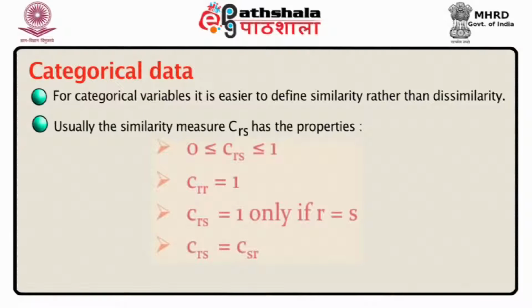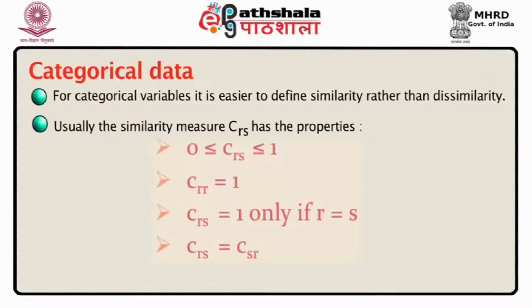So, this needs to satisfy the condition that C_RS should be between 0 and 1. Also, C_RR, that is the similarity between an individual and his own self, should be equal to 1.